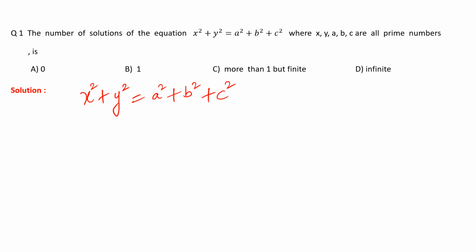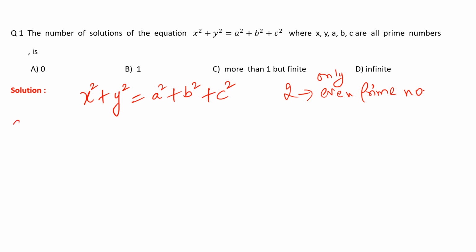Now let's write this equation. It's x square plus y square equal to a square plus b square plus c square. Now students, you must be knowing that all prime numbers are odd except 2. That means 2 is the only even prime number. Rest all the other prime numbers are odd, right?